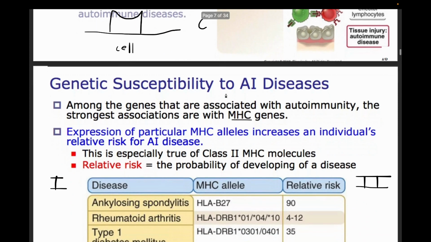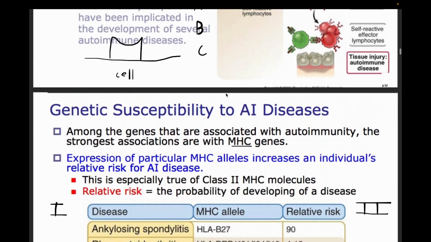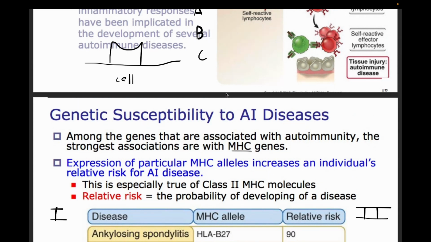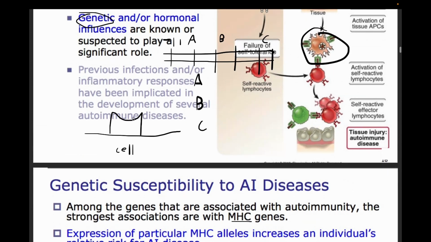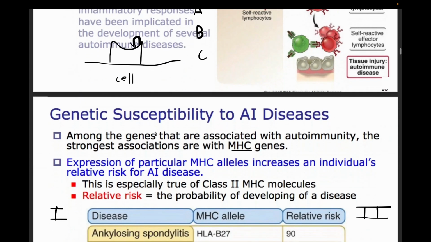It codes for a protein. زين? And this protein is the one that is responsible for presenting the antigen. الانتيجين هذا can be foreign antigen, can be self antigen. فخلنا نفترض انه هذا هو البروتين اللي احنا نتكلم عنه formed by HLA-B27. It's the one that presents the self antigen.